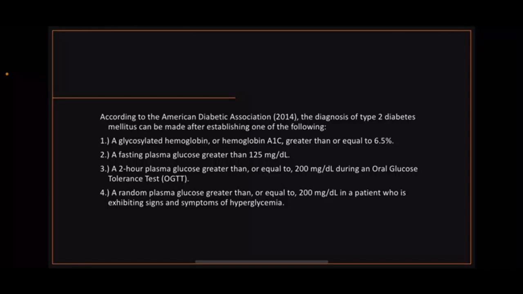A fasting plasma glucose greater than 125 milligrams per deciliter, a 2-hour plasma glucose greater than or equal to 200 milligrams per deciliter during oral glucose tolerance tests, or a random plasma glucose greater than or equal to 200 milligrams per deciliter in a patient who is exhibiting signs and symptoms of hyperglycemia.